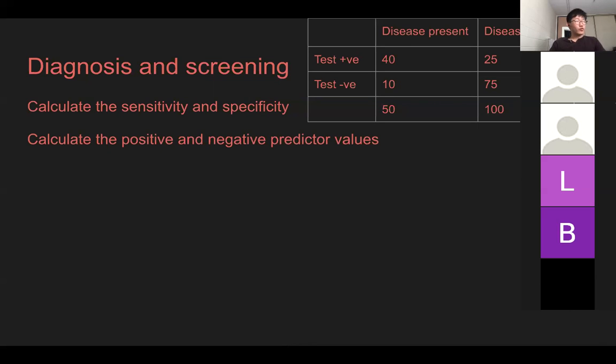So again, what is sensitivity? It's the proportion of people who have the disease that actually test positive. Okay, that's good.